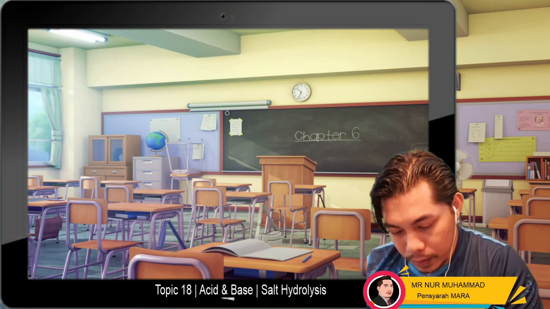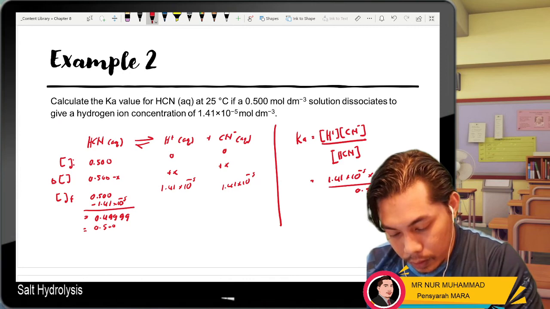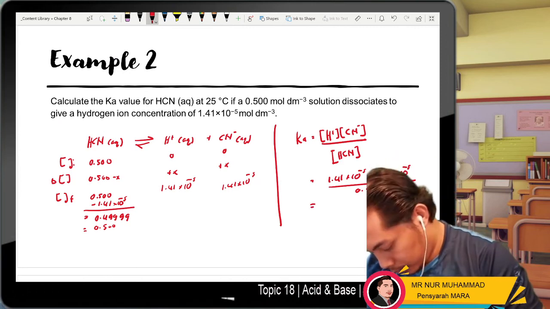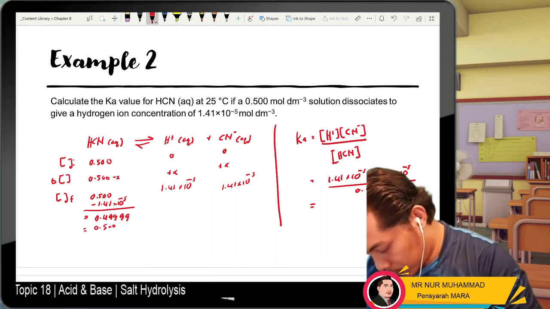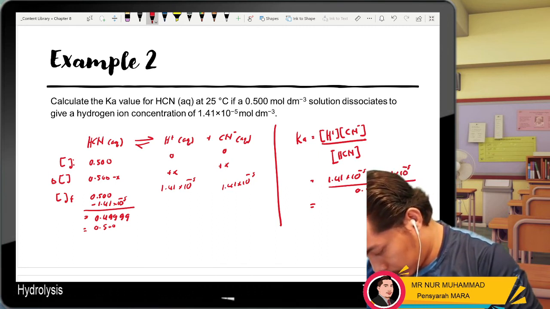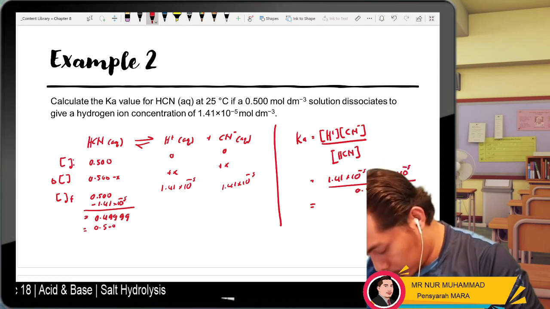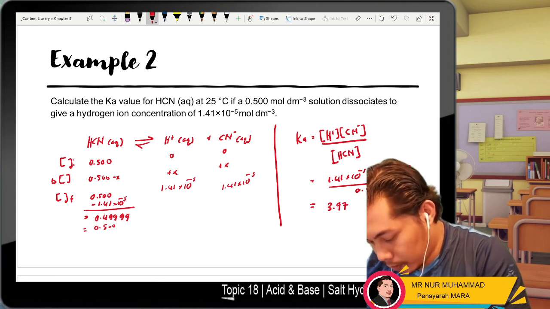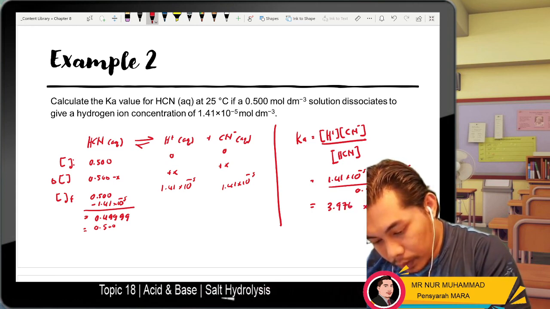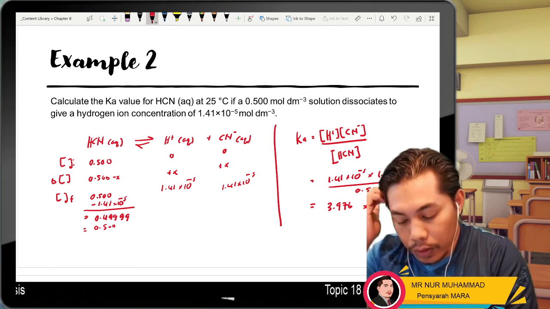So the answer is 3.976 times 10 negative 10. Okay, so this is your Ka.